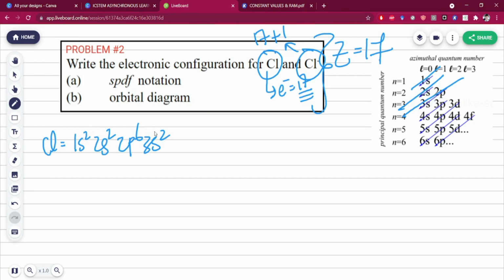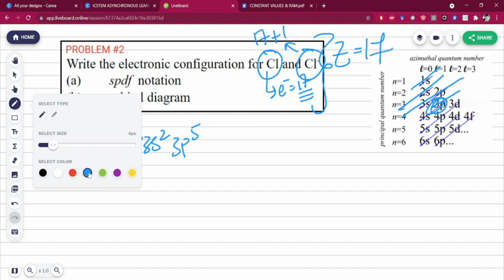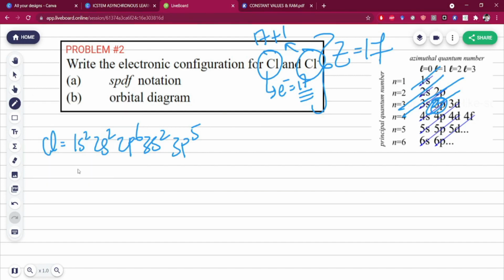And how you're going to make it 17? So you're going to fill it up until p. So 3p, 6, 7, 8, 9, 10, 11, 12, 13, 14, 15, 16, 17. So you put 5 here. So you have 17.